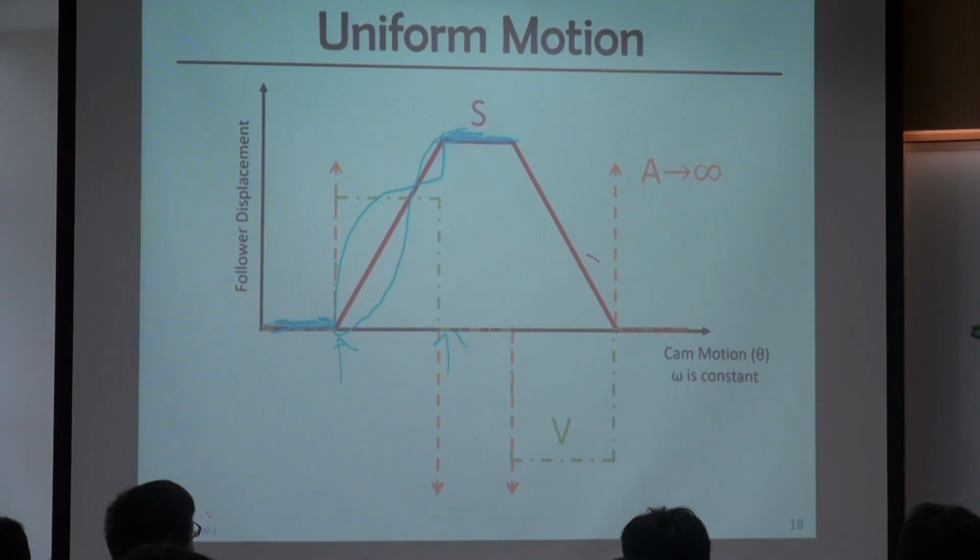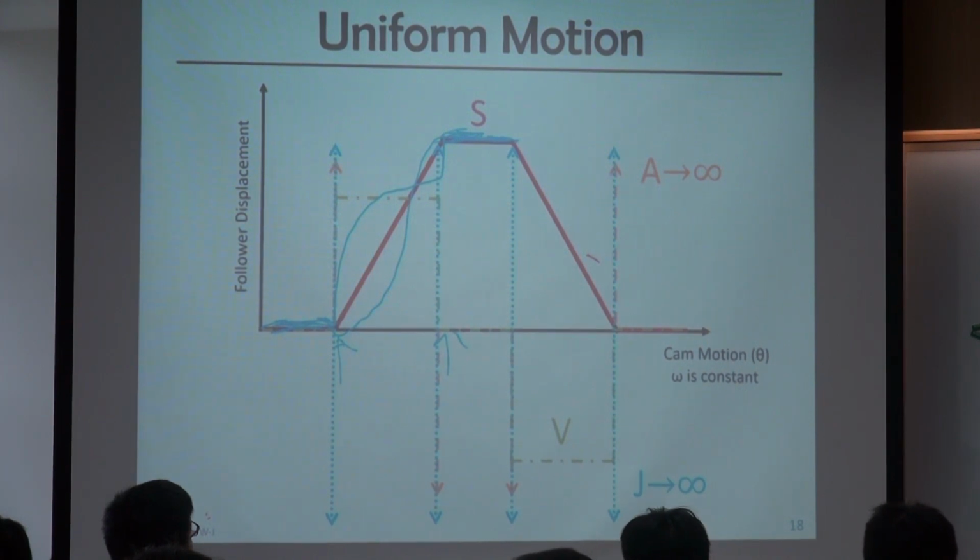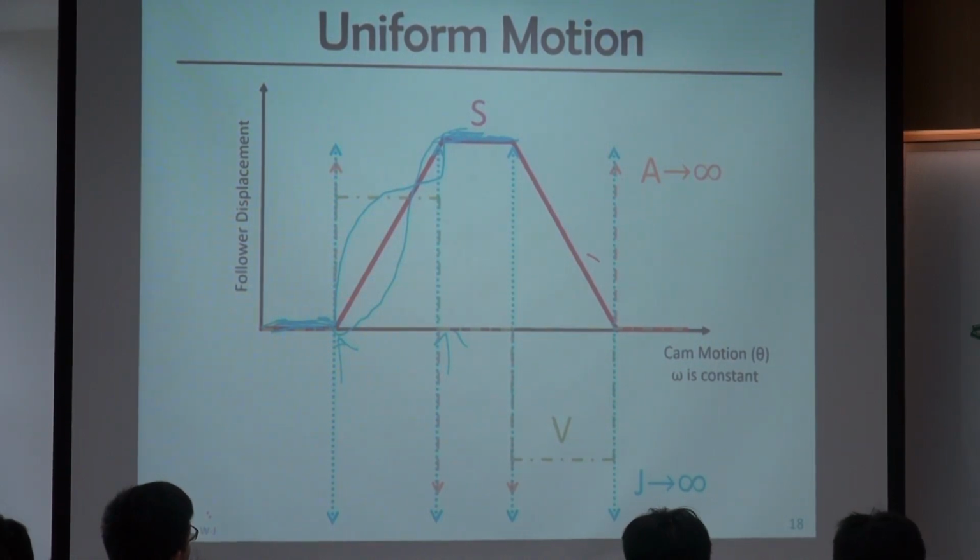And this is not good. Also, if you get infinite acceleration, you also get infinite jerk. So we know this is not a good way to design the displacement for the follower. So we may need to use other curves instead of this one.